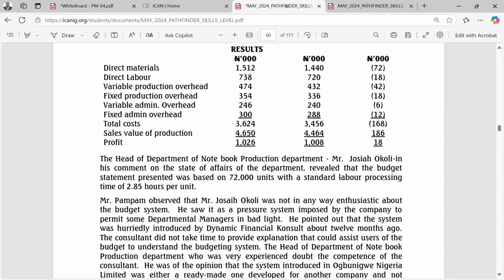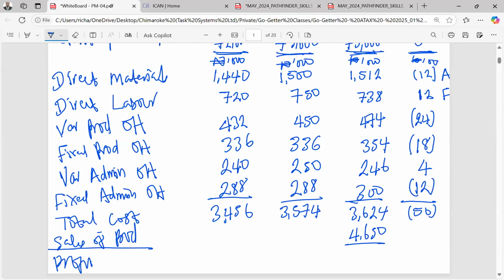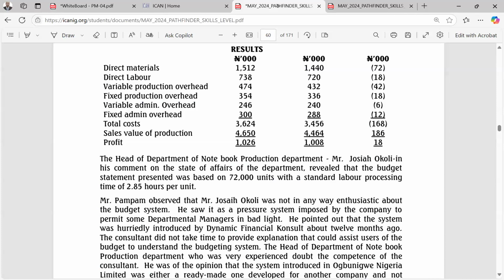Our profit is 1026. So this is 1026 as your profit. Let's see this one here. 3456 is our cost. 4464.